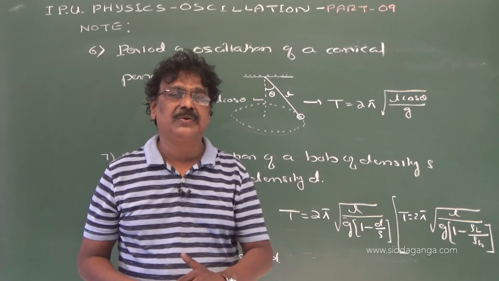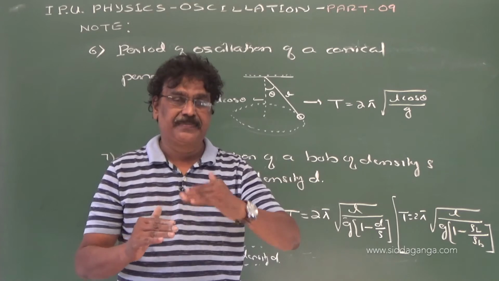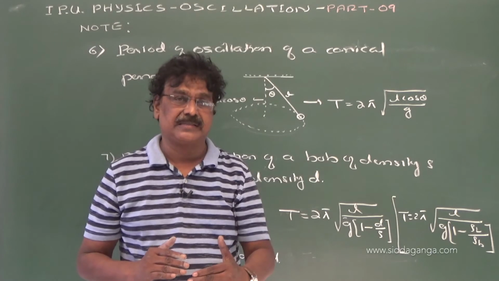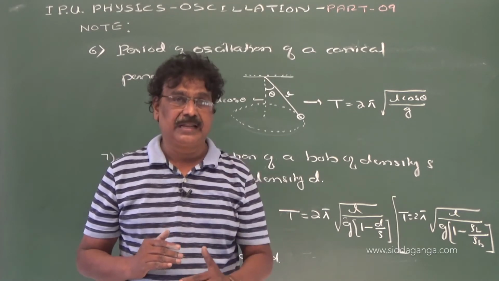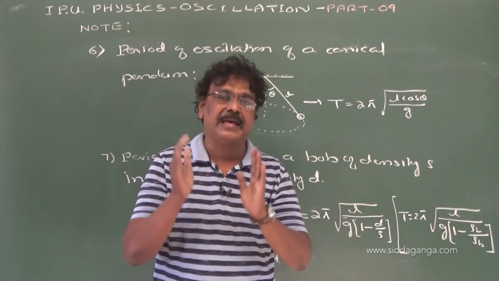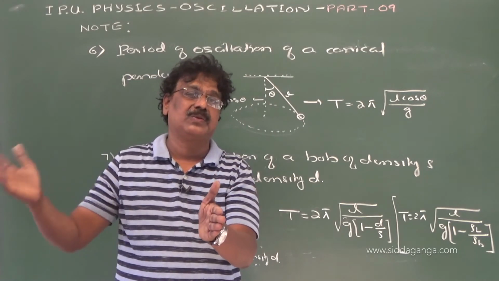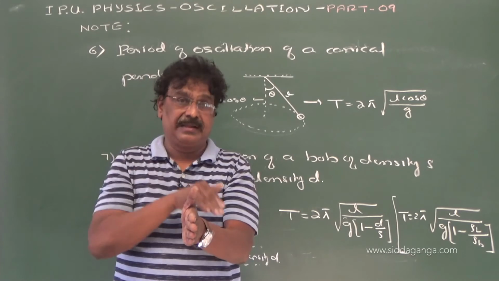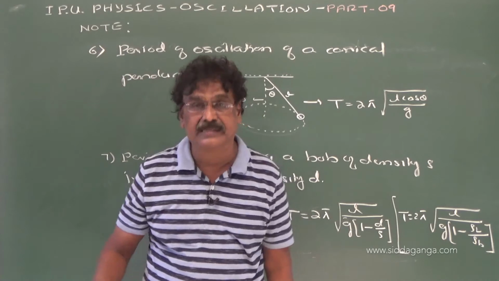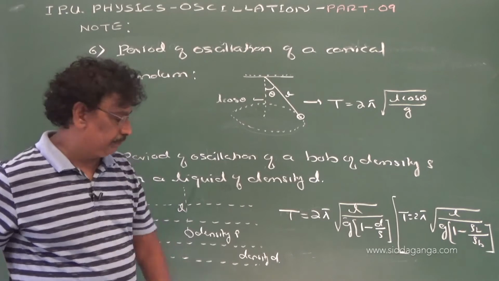If the acceleration due to gravity increases, the time period decreases. That is the simple logic here. Remember, with an increase in acceleration due to gravity, when we go from one place to another, the period decreases. If there is a decrease in acceleration due to gravity, the period increases. Is that clear? That's all about simple pendulum.